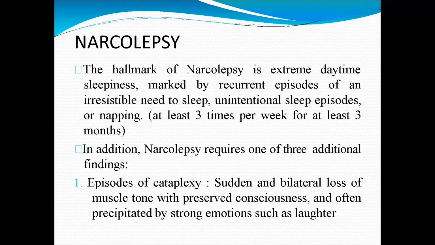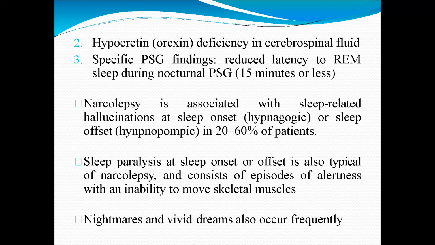And also there is hypocretin deficiency in cerebrospinal fluid. And polysomnography findings are also seen, specifically reduced latency to REM sleep, especially in nocturnal sleep, that is 15 minutes or less. The REM sleep in the night time will be 15 minutes or less.